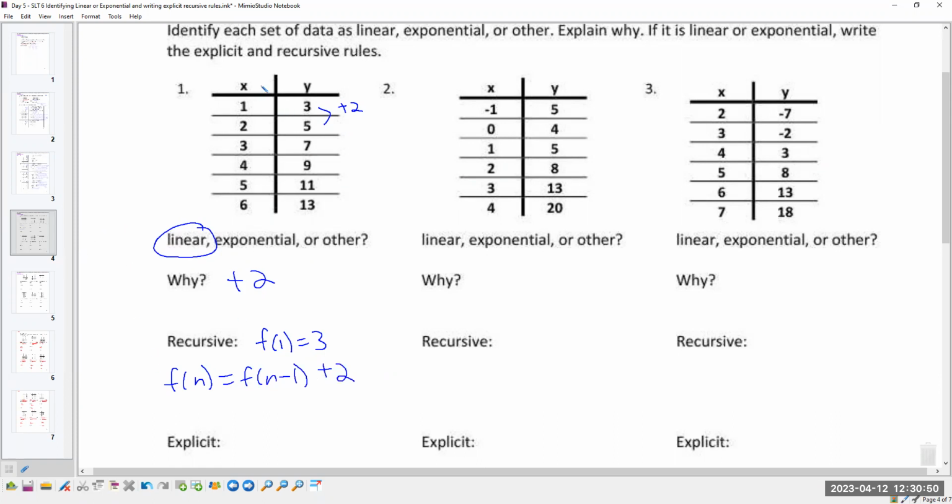For the explicit formula, I need the y value at 0. So I'm going to have to back the pattern up. And I find my y-intercept is at 1. And really, if you wrote y equals 2x plus 1, I'm marking it correct. You could also write it as f of n equals 2n plus 1 or 1 plus 2n, whatever you prefer.